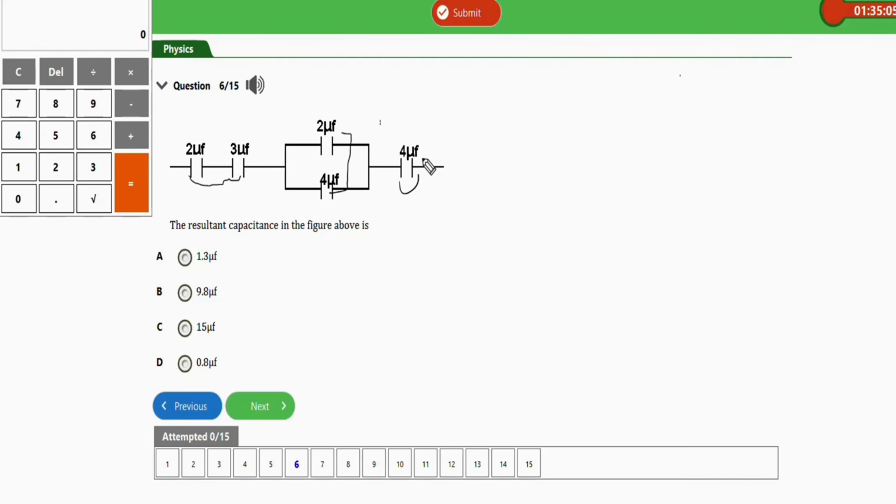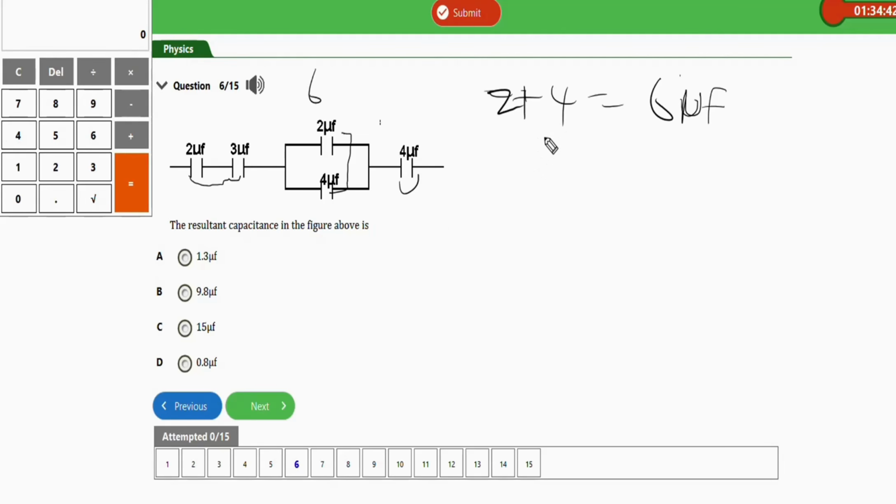So let's convert this parallel connection. It will be 2 plus 4. So this will give us 6 microfarad.